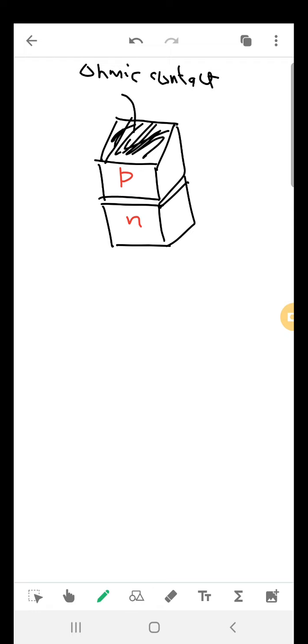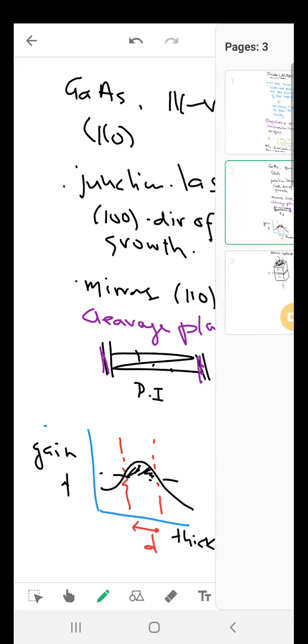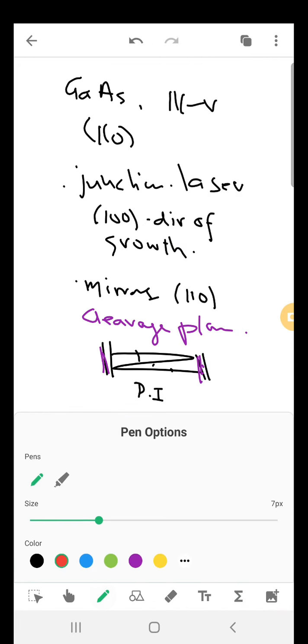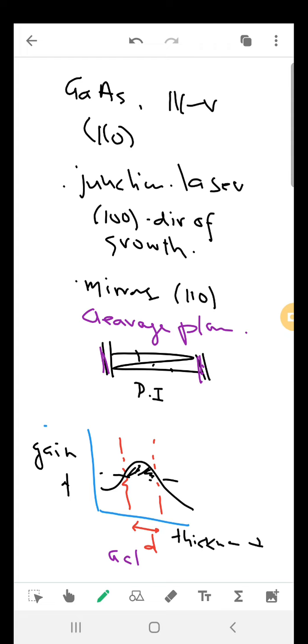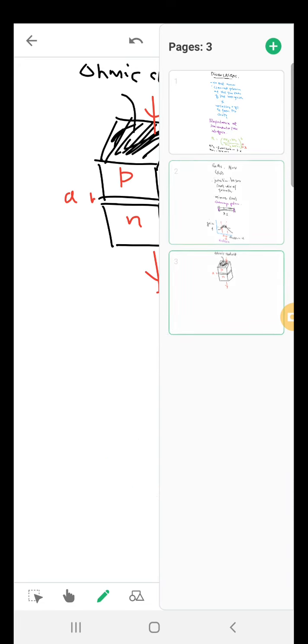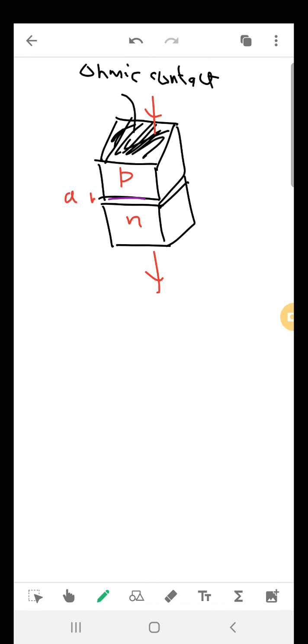This is the direction of the current. And this is the small t that we talked about here, and this is the active region. This is basically the active region where we are getting an enhancement of gain.